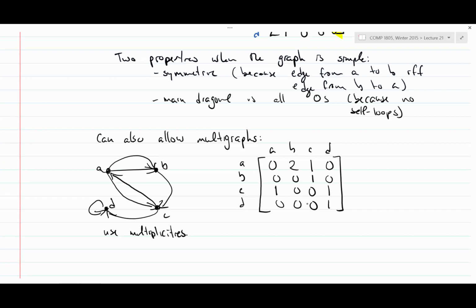And we don't have symmetry because this graph is now directed. So just because we have an edge from A to B doesn't necessarily mean we'll have an edge from B to A. And we also lose the other property, that the main diagonal is all zeros, because now we allow self-loops. So this is a self-loop from D back to D. Any questions about this? Yeah?